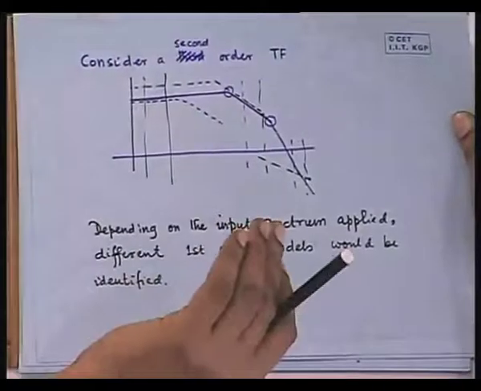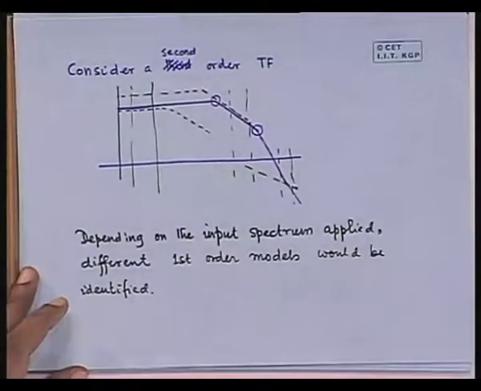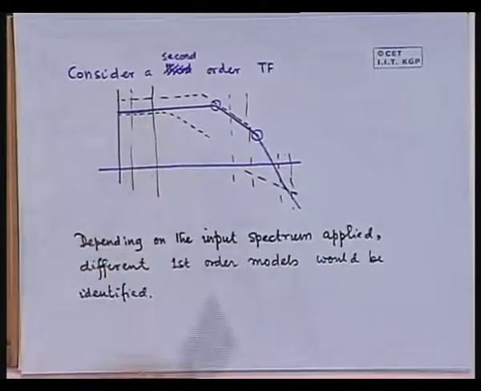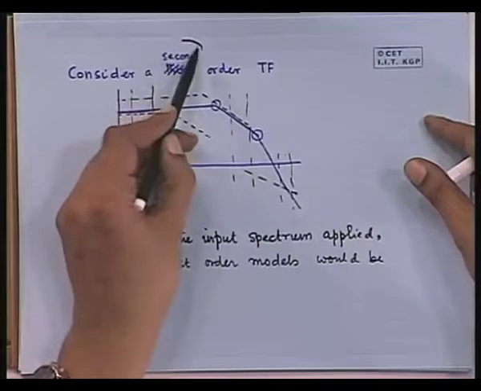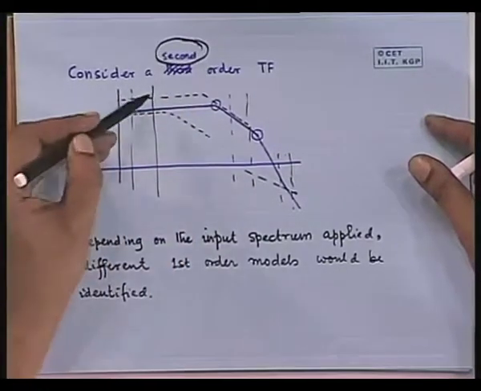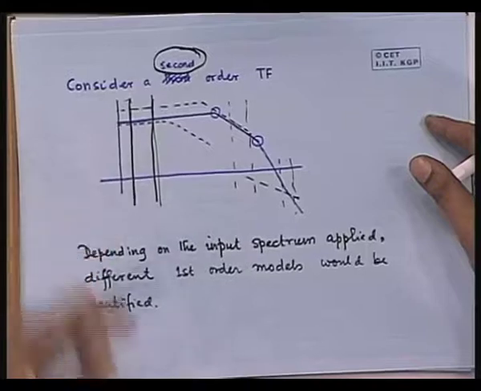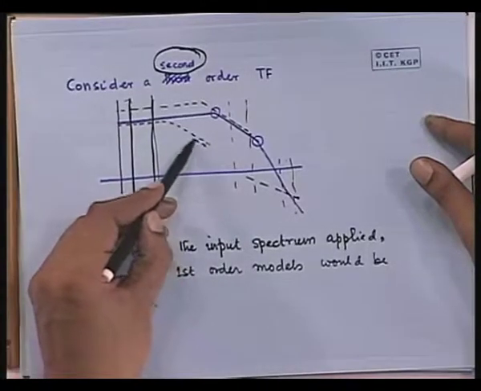So we are coming close to the end. This is another point that I tried to make without becoming too mathematical. Suppose you have a second order transfer function. If you are using an input spectrum which is here, then you will probably get a first order model like this.